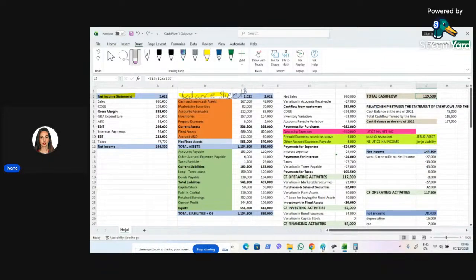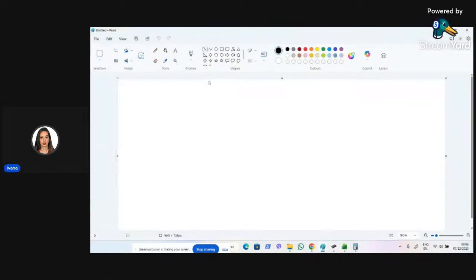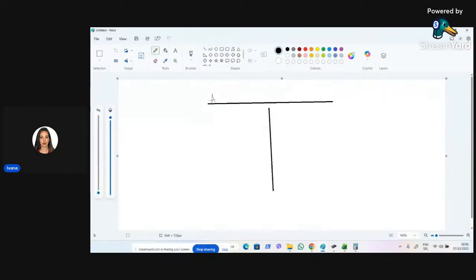Okay, so let's explain here. If you remember, here is the asset. It will be, let's say, asset, orange color.